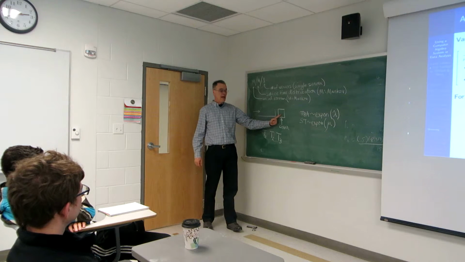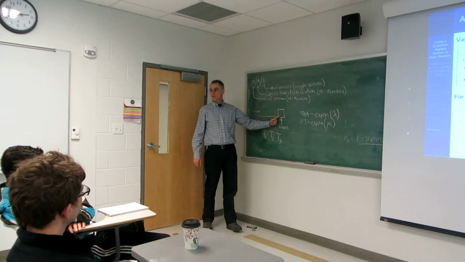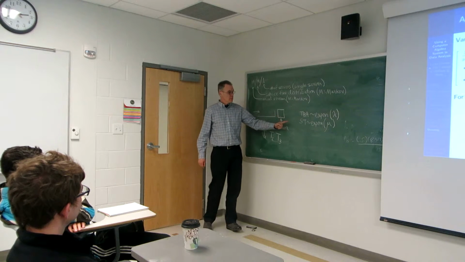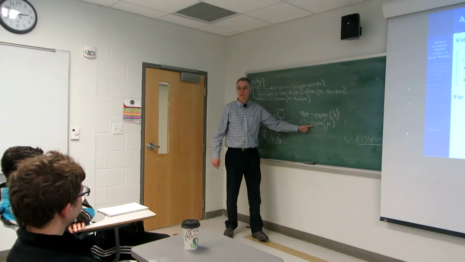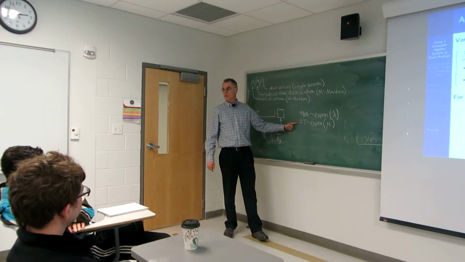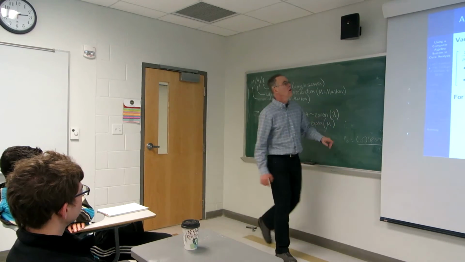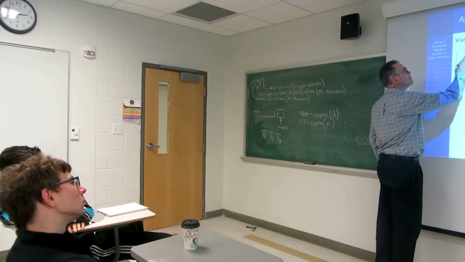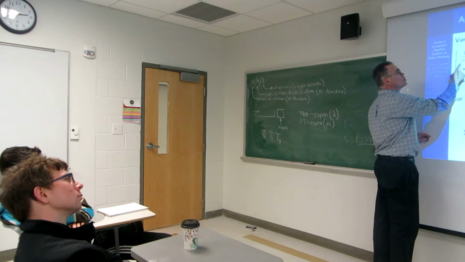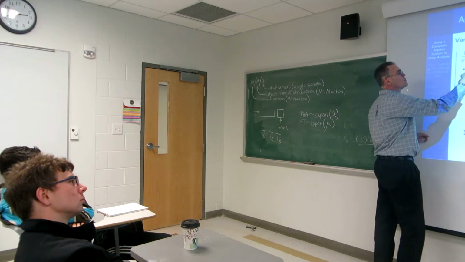So if she just has service time, what is the variance of the service time? 1 over mu squared, right? It is the variance of an exponential random variable with rate mu, and so that's what you get right here. So there is her service, the variance of her service time.